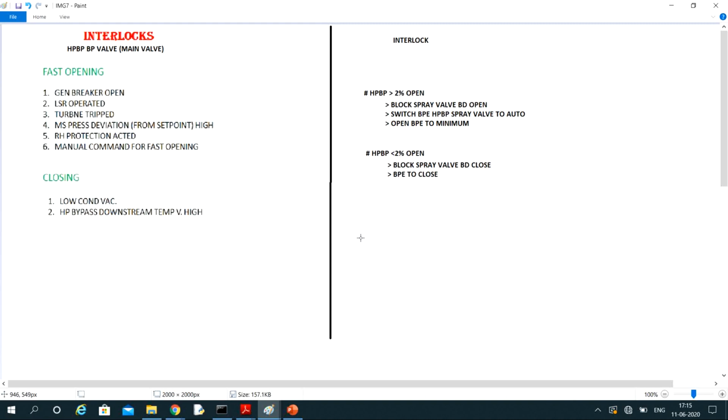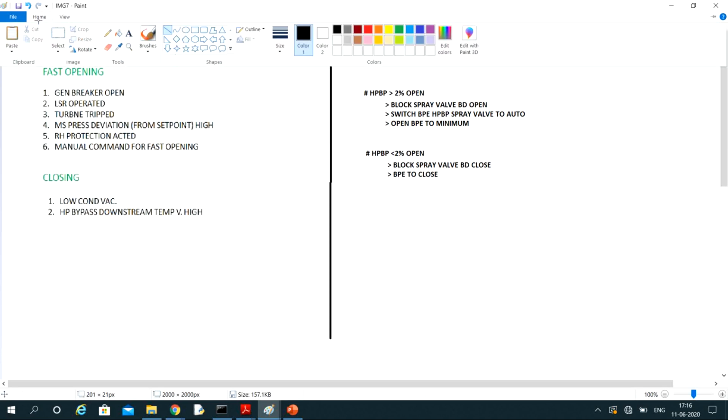So interlocks are such that for certain situations, for certain inputs, there is a fast opening and fast closing of the HP bypass system. So the HP bypass BP valve is the main valve. Here are the interlocks of the HP bypass BP valve.